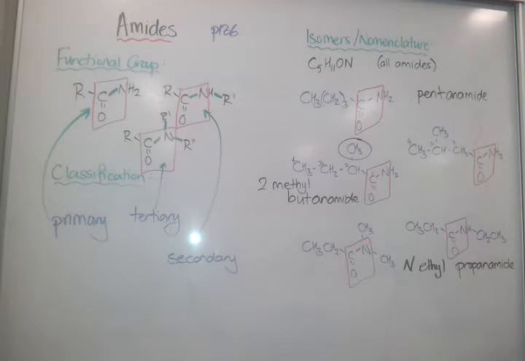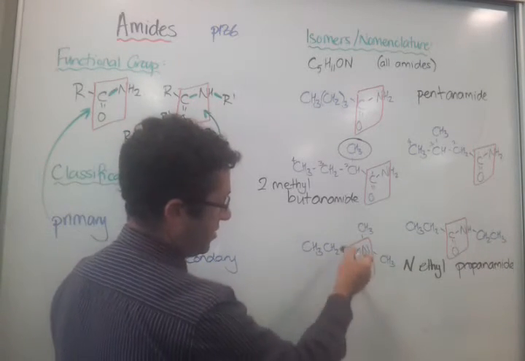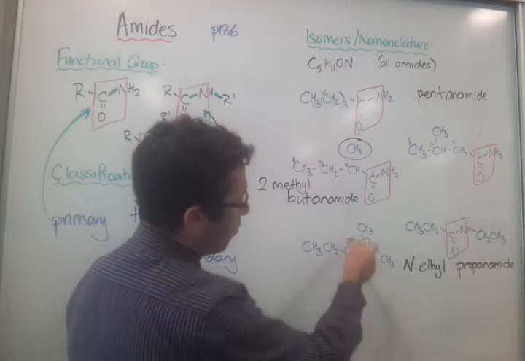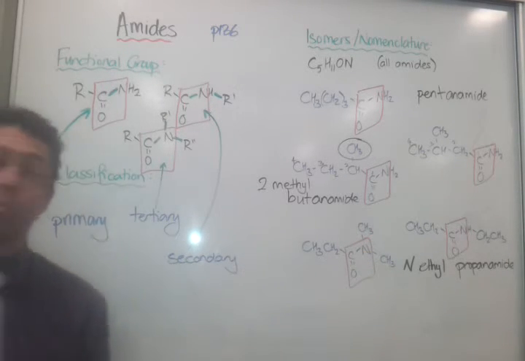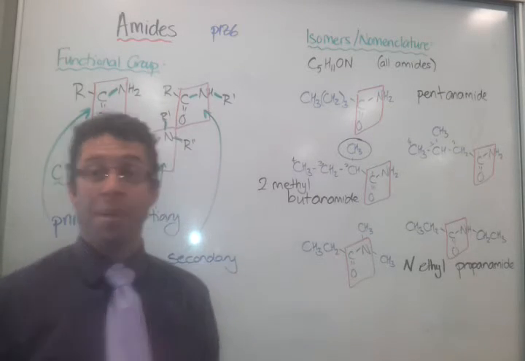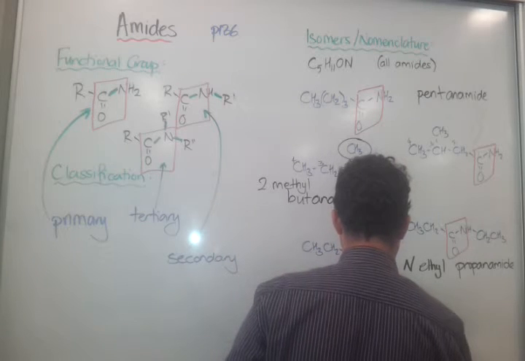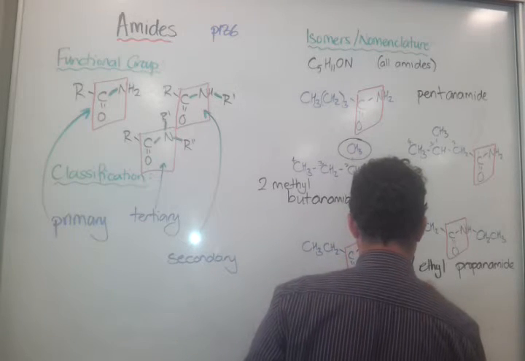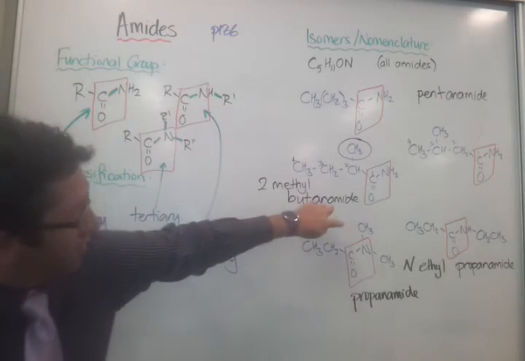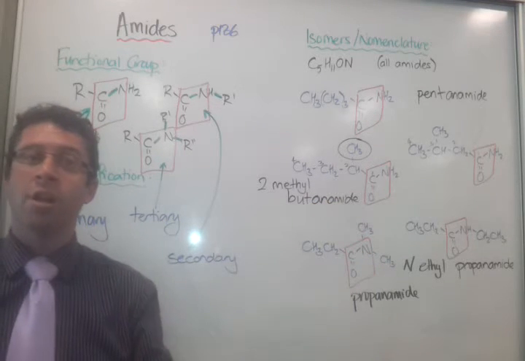So what happens when we get something like this? Again, the carbon chain with the carbon oxygen double bond has got 3. So it's a derivative of propanamide. So I'm going to write propanamide down. Then I have a look, and there's a methyl group here and a methyl group here. So there's 2 methyl groups.